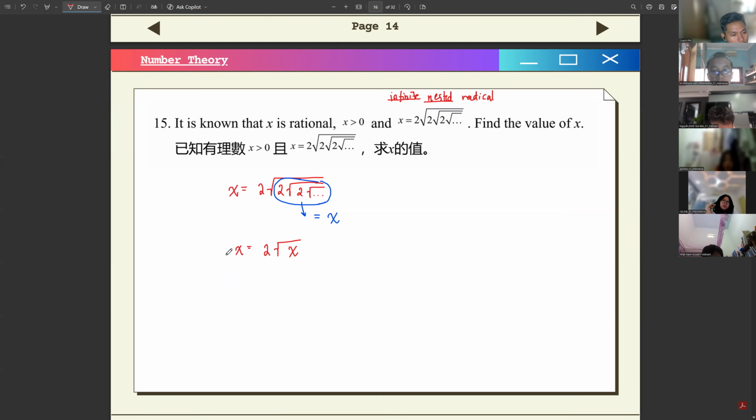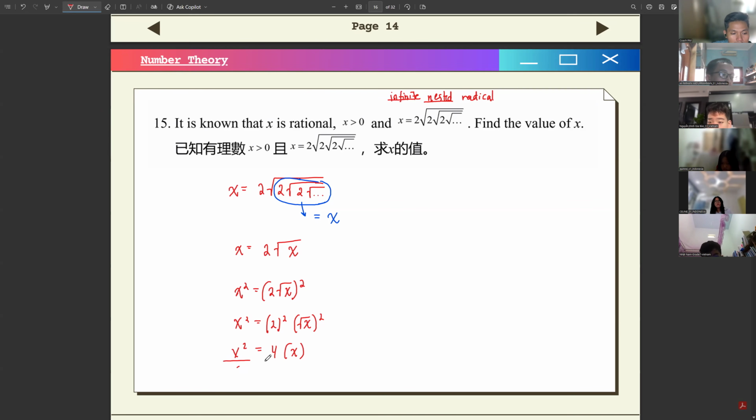Square both sides. So we have x squared is equal to the square of this. We have x squared is equal to 2 squared, which is 4. By the way, when you have an exponent like this, you can just distribute the exponent. So we have 2 squared times square root of x quantity squared. So we have 4, and then square root of x quantity squared is just x. Now, take note, we can't directly divide by x.